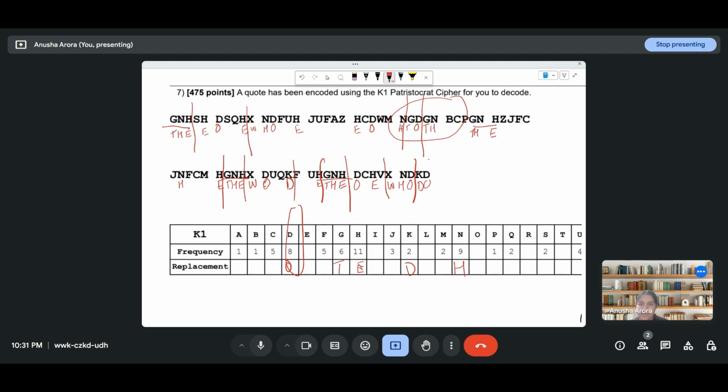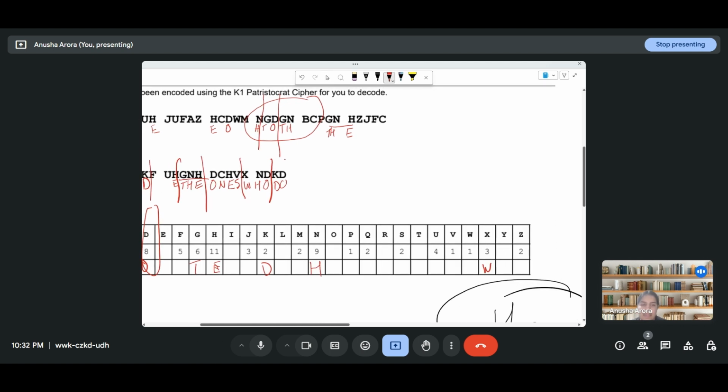So the W-O blank, the blank who do. So I'm going to guess blank who do, the blank. I think that's going to be once who do. Sorry, that's an S. I think that makes the most sense. So C is going to be an N, and our V is going to be an S.